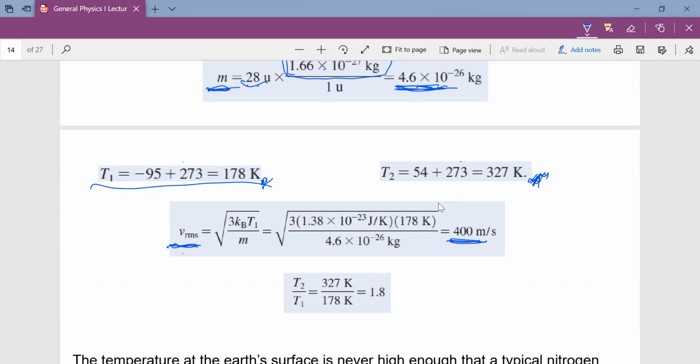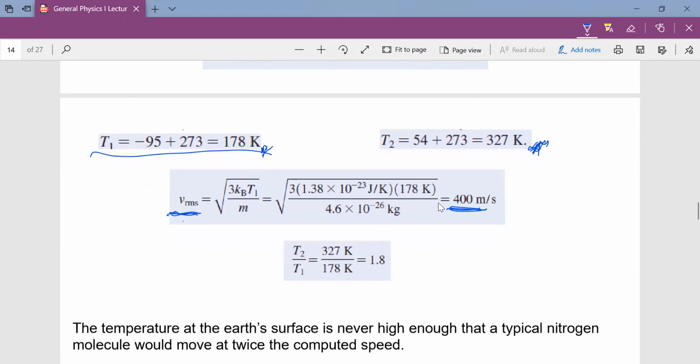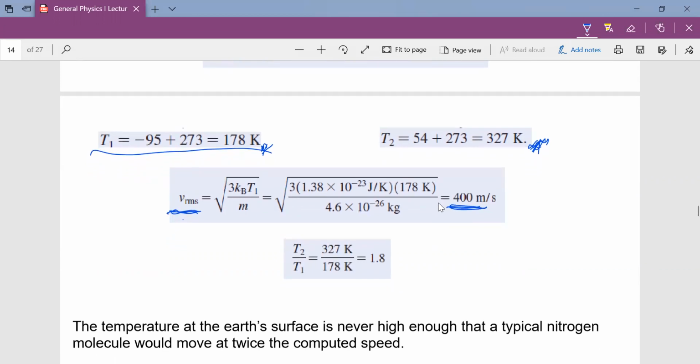And the second part says, will the Earth ever get hot such that the speed of a nitrogen particle will be twice this? Will it ever happen? At the lowest temperature, this is what we have, so what will happen if the Earth gets to its peak ever recorded? We did the ratio comparison, and we see that the ratio is 1.8.